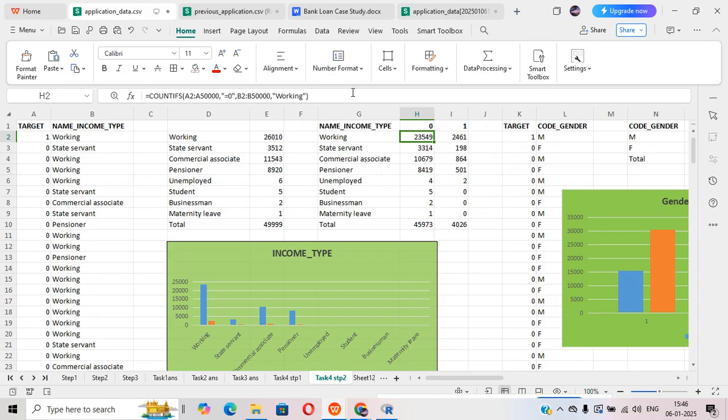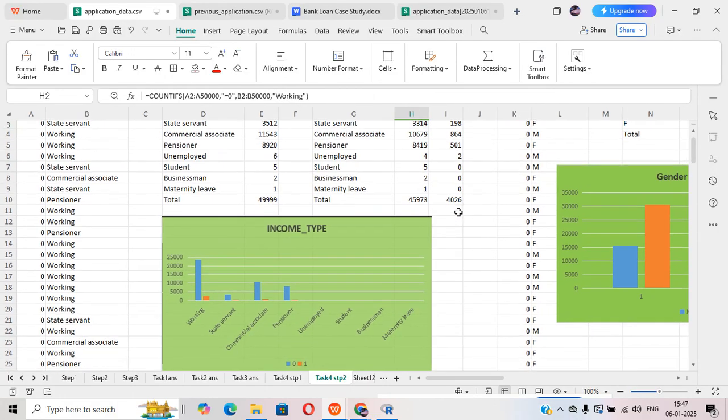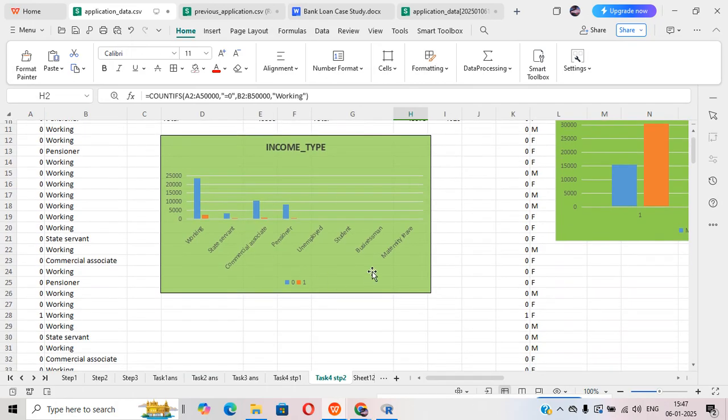This is the formula I have used. I have used the COUNTIFS formula, taken values from V2 which is the target, and the second condition is who is working in B2, who is working in the B range. I have taken the B range with the condition as working. So I have calculated the count for all those and got the column chart for it.